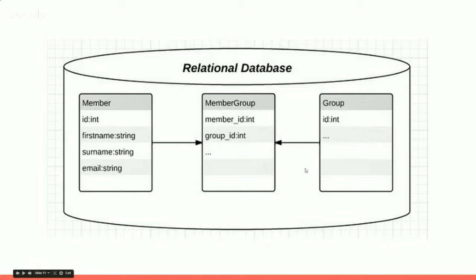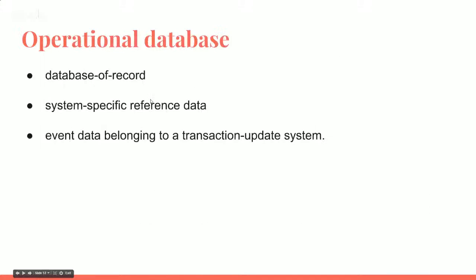This is the example table of a relational database. The third one is the operational database. This one can store a huge amount of data, system specific reference data, and even data belonging to a transaction update system.